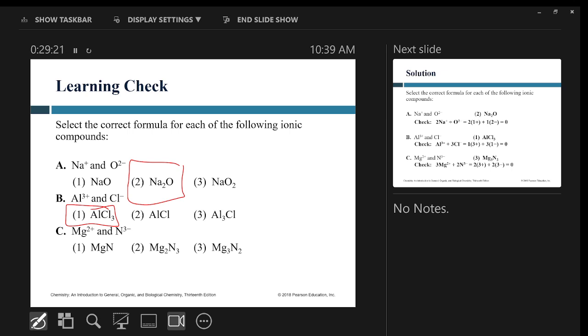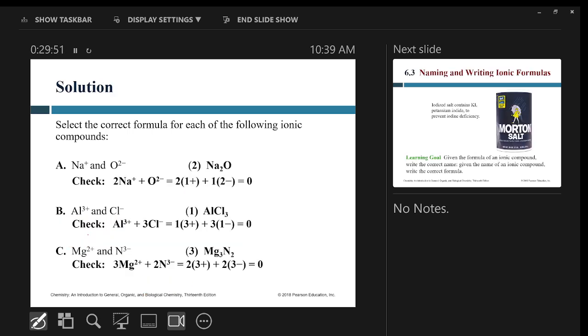For example, we can just take this number and put it down on the bottom for the Mg, and then take for the N, the number for the Mg. So just switch. It's effectively the same thing as cross multiplying, isn't it? Anybody have any questions? No? Okay.